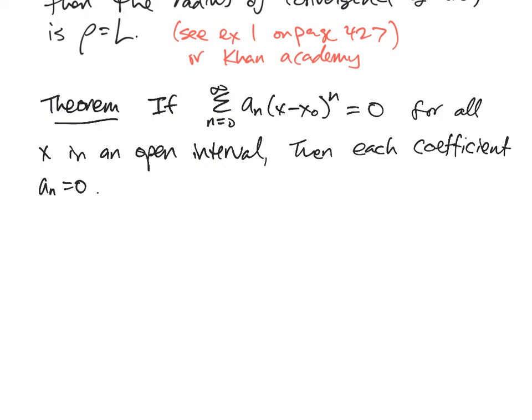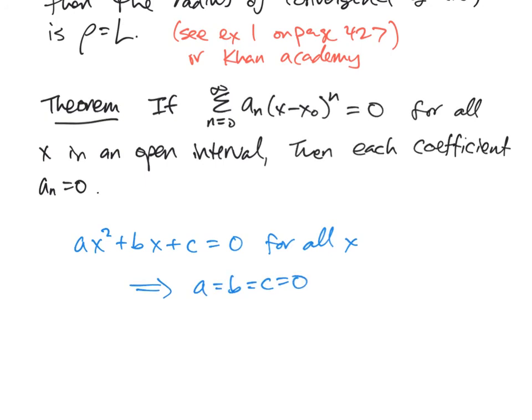I'm not going to prove this, but the idea is similar to how when we would say if ax squared plus bx plus c equals 0 for all x, if that polynomial is identically 0, then that tells us that our coefficients a, b, and c are equal to 0. So we've used results like that a lot in the past, and we'll continue to use that in the rest of this chapter.